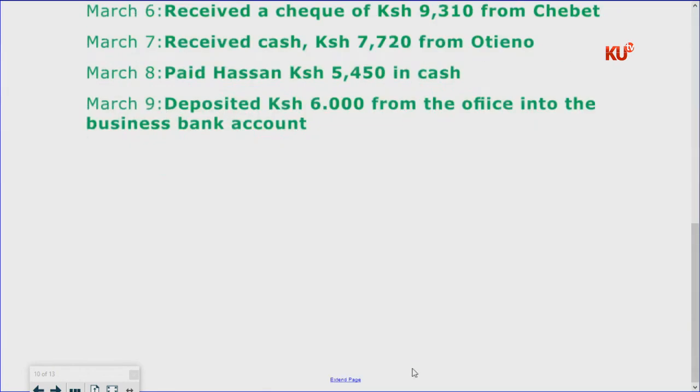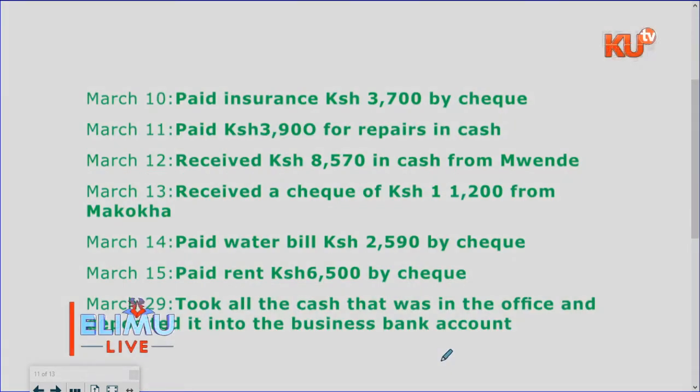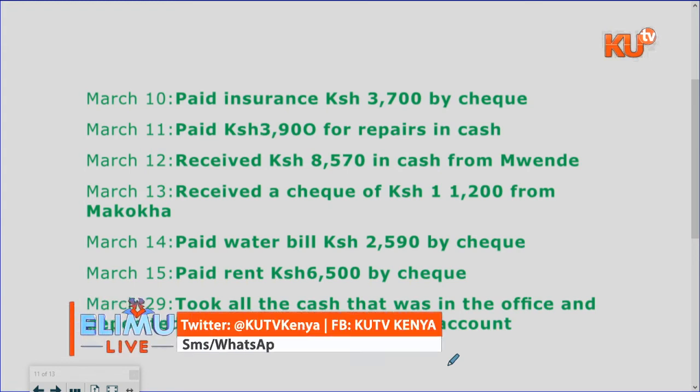And finally, we are told number 10, paid insurance 3,700 by check, then paid 3,900 for repairs, and last, that is 12, received 8,570 in cash from Mwende, received a check of 11,200 from Makoha, paid water bill 2,590 by check, then lastly paid 6,500 by check, took all the cash into the bank.